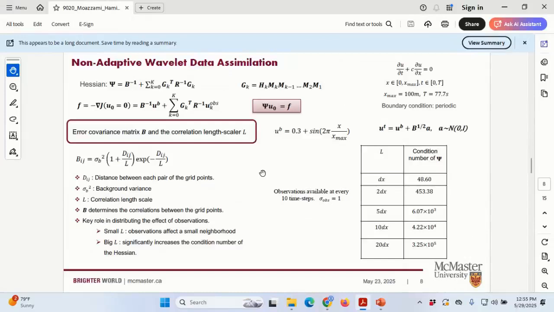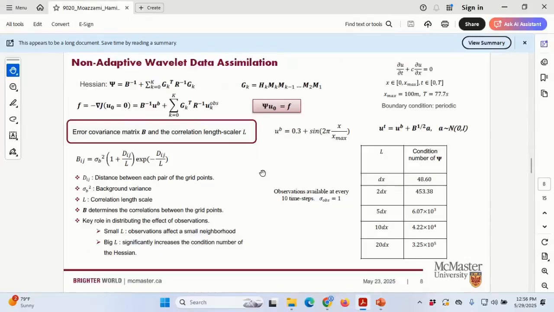And here is the data assimilation, but on this slide, just for a linear PDE, the advection equation, you see at the top right the error covariance matrix of the data assimilation. It has an input called correlation length scale L, which is very effective in distributing the effect of the observations in space.